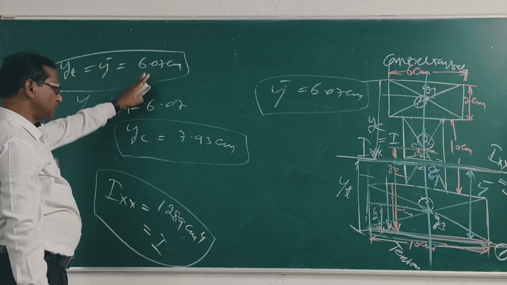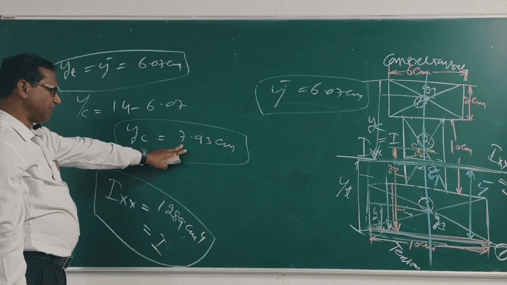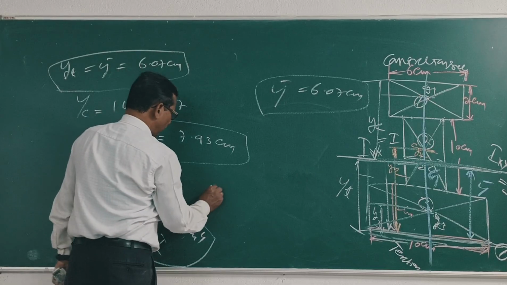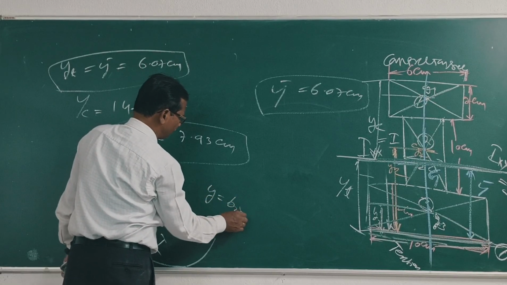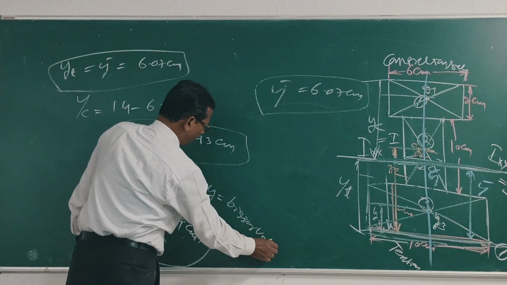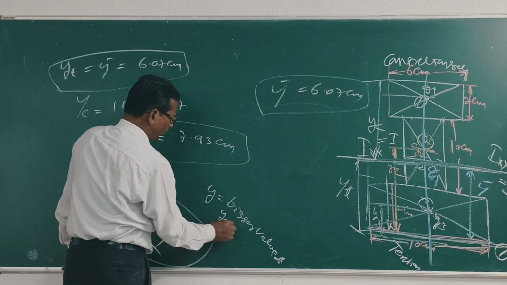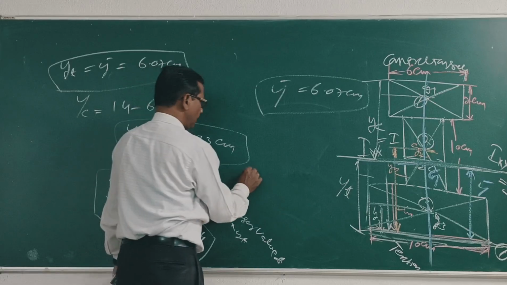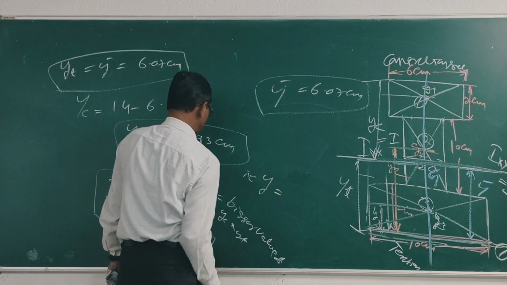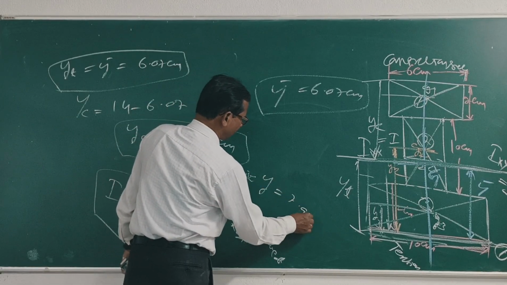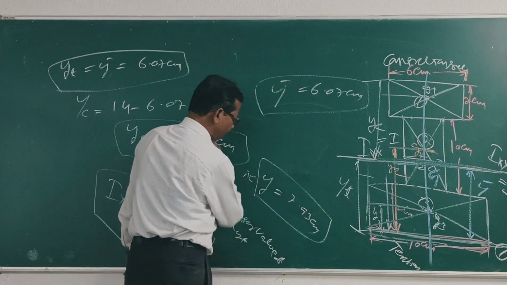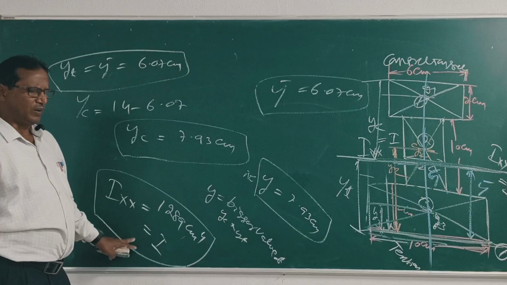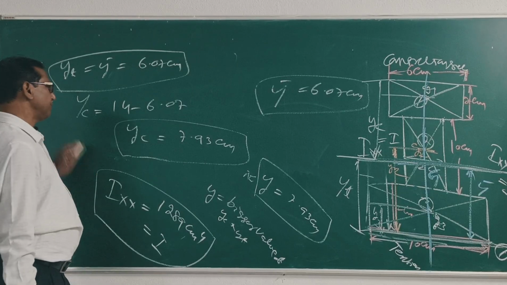That means this is 6.07, this is 7.93. So the bigger value is 7.93. Hence, in this case, y is equal to the bigger value of Yc and Yt, that is y is equal to 7.93 cm. Clear? This is y, this is I. Now find out bending stress, sigma b.